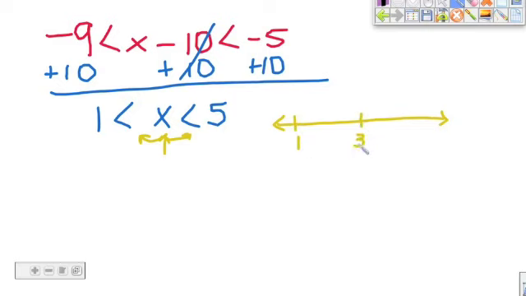Maybe I'll put a 3 here. And 5. Okay? I have open inequalities, so open circles, and it has to be bigger than 1 but less than 5. So that means everything right here in the middle is fair game.